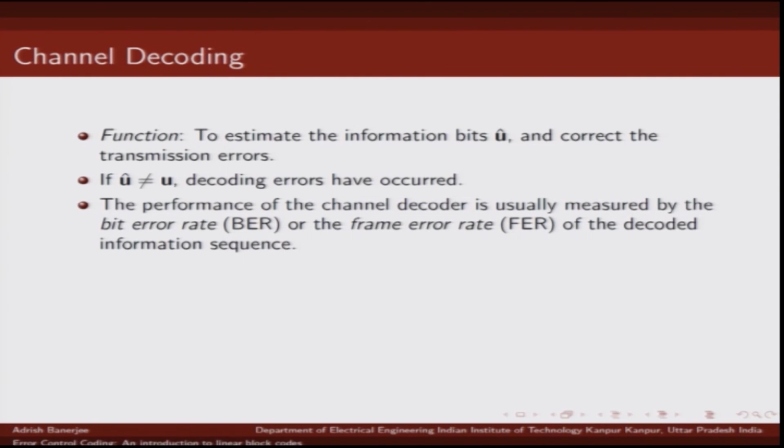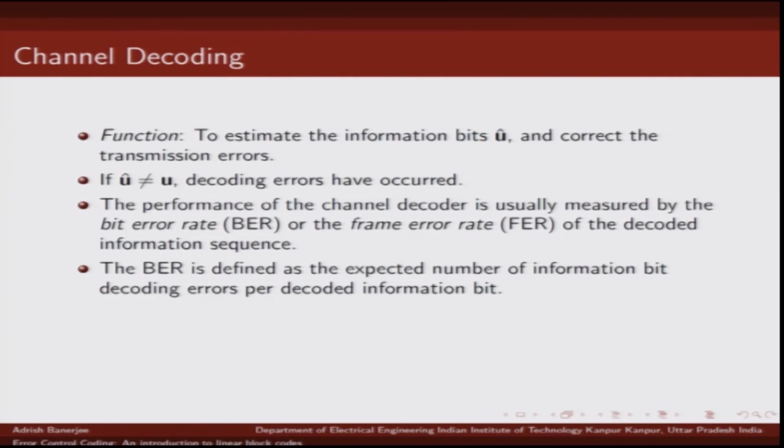So, what is bit error rate and frame error rate? We define bit error rate as the expected number of information bits that are decoded in error. So, for example, if you transmit n information symbols and out of them x bits are received in error, the bit error rate would be x by n.